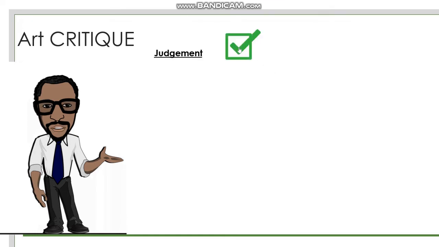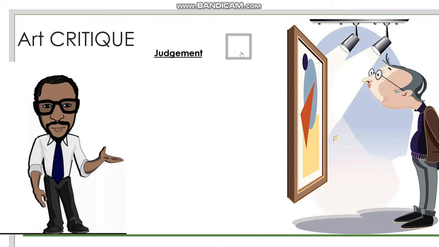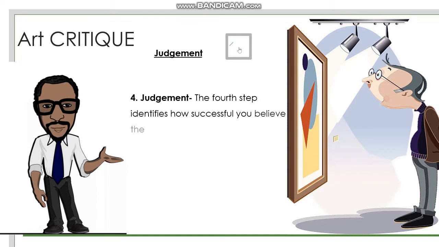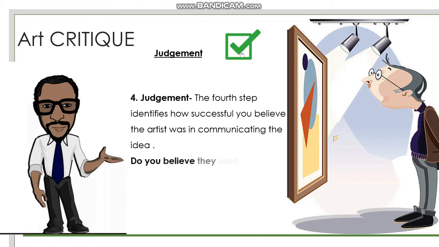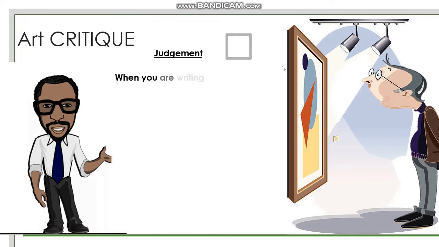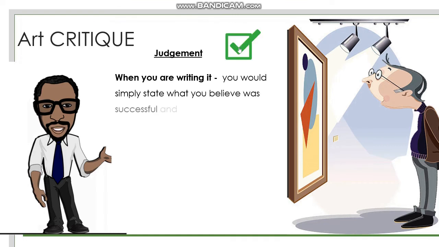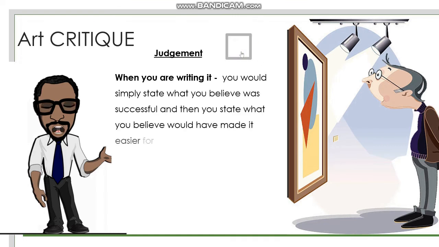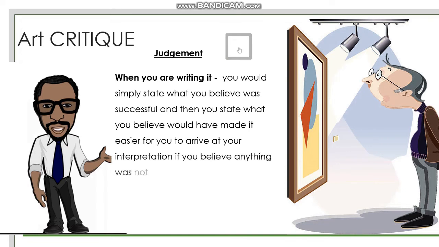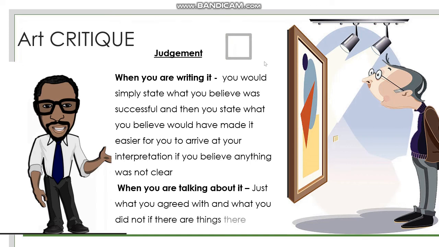Four, we move to judgment. The fourth step identifies how successful you believe the artist was in communicating the idea. Do you believe they used the right clues or techniques to express this? When you are writing it, you would simply state what you believe was successful, and then you state what you believe would have made it easier for you to arrive at your interpretation if you believe anything was not clear.